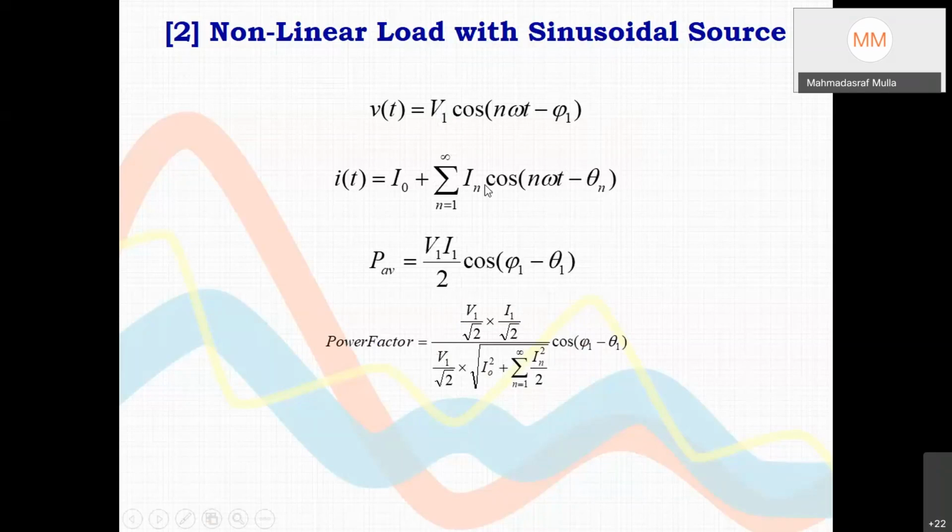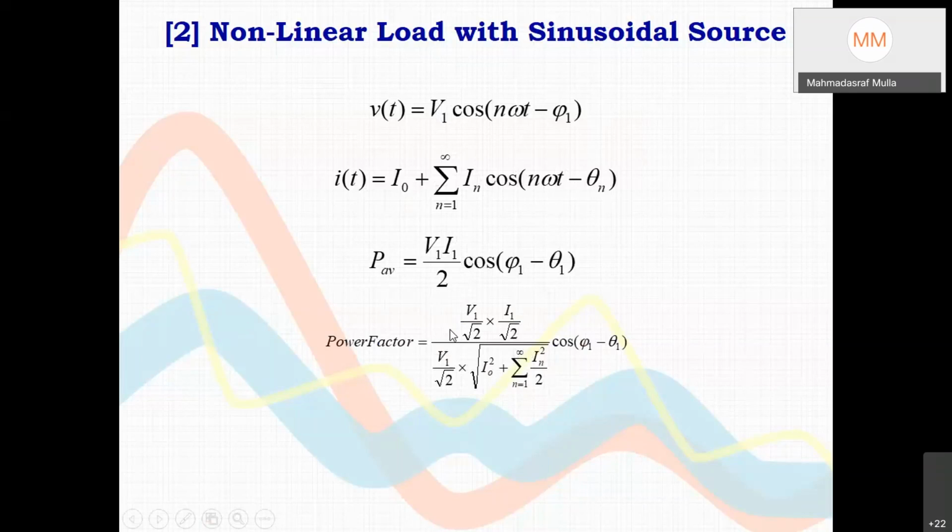So non-sine current what you are drawing, that is also unnecessarily loading your transmission line. So RMS current capacity of your cable is getting utilized by this current which is not helping towards any power transfer. So while you write RMS current, it is all frequency component square. So being an AC current, square root of that.